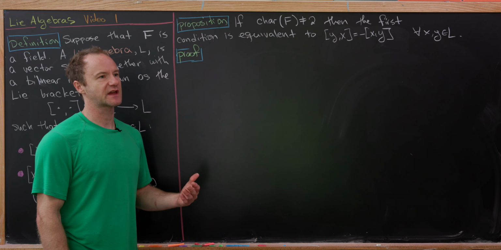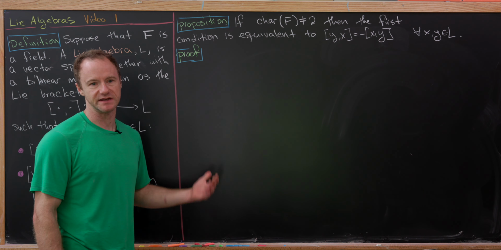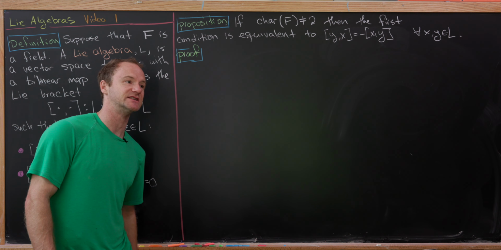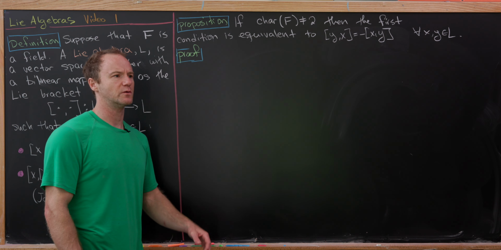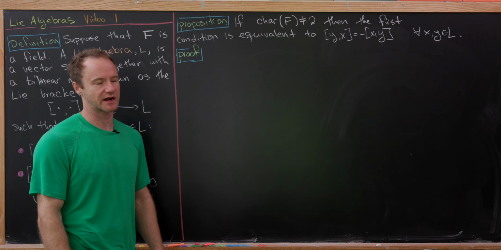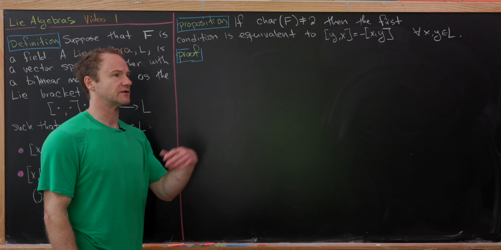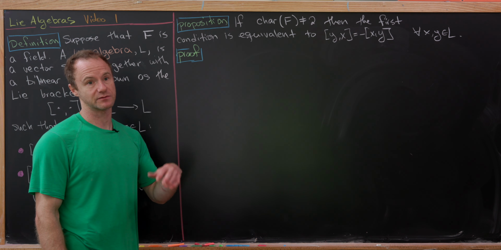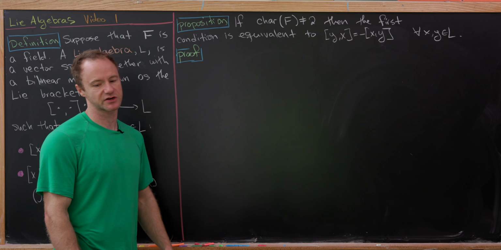So if you've got a field with characteristic 2, that means 1 plus 1 is 0. So for instance, Z2. And we say that a field with infinite characteristic actually has characteristic 0. So the field of rational numbers, complex numbers, real numbers, those are all characteristic 0.